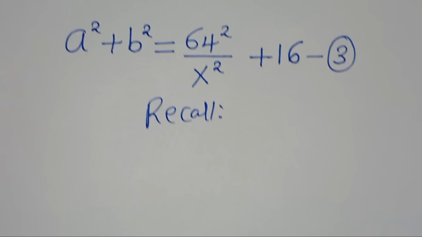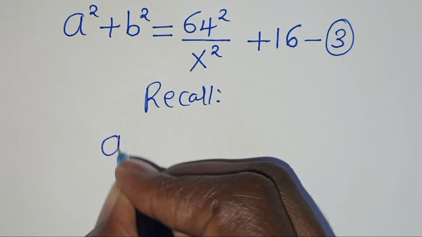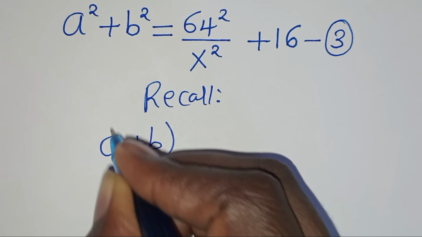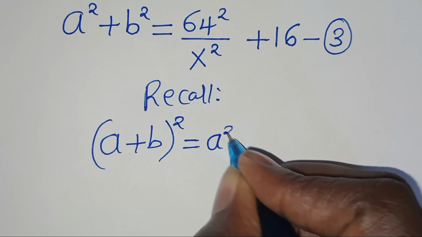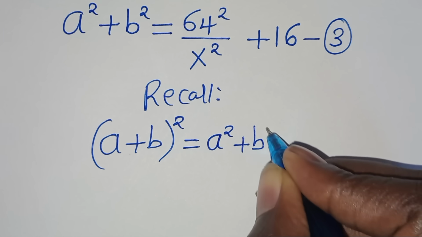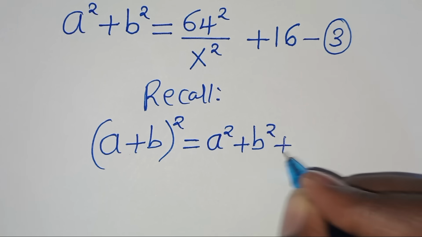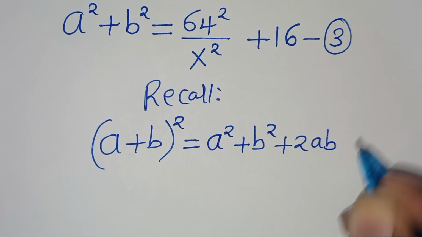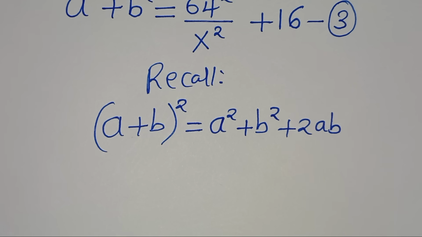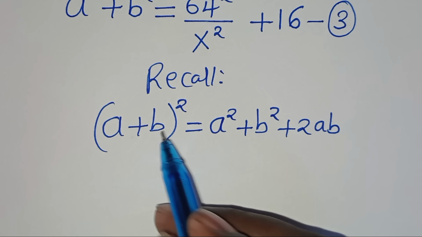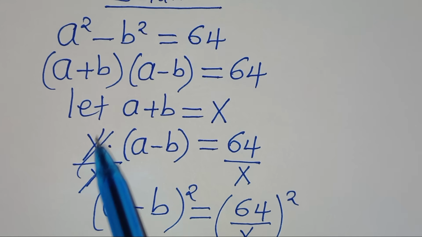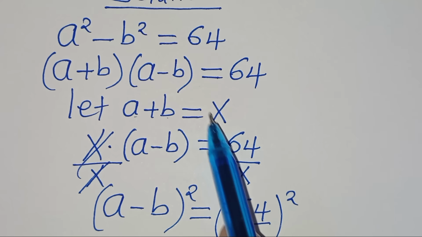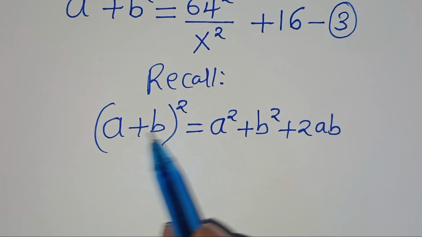Now, if you recall, from the algebraic identity, a plus b raised to the power of 2 can be expressed as a to the power of 2 plus b to the power of 2, then plus 2 times ab. If you recall, we are saying that let a plus b be equal to x. So we can substitute where we have a plus b with x.